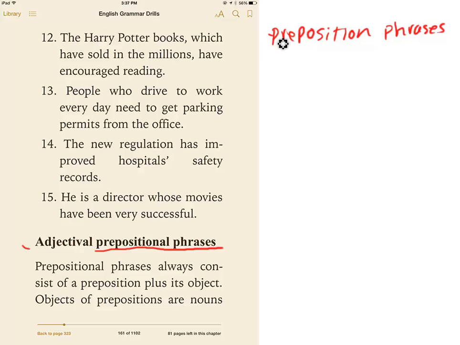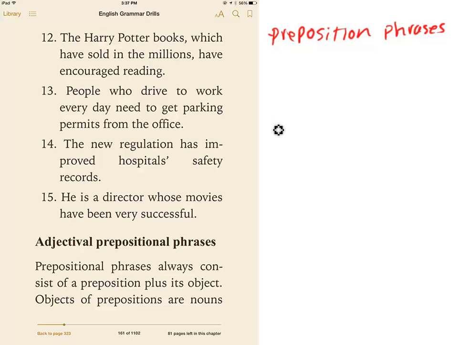Okay, there's other prepositional phrases that act as adverbs and other things, but we're going to talk about the ones that modify a noun, the post-noun modifiers.